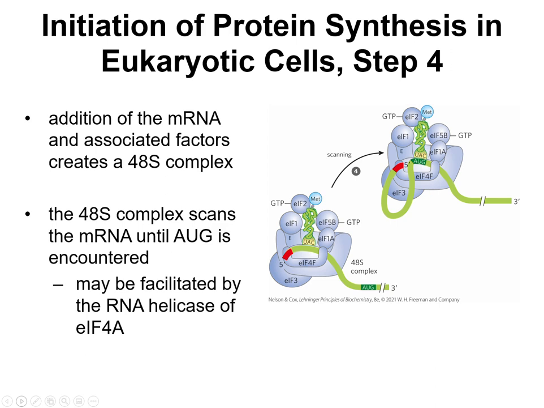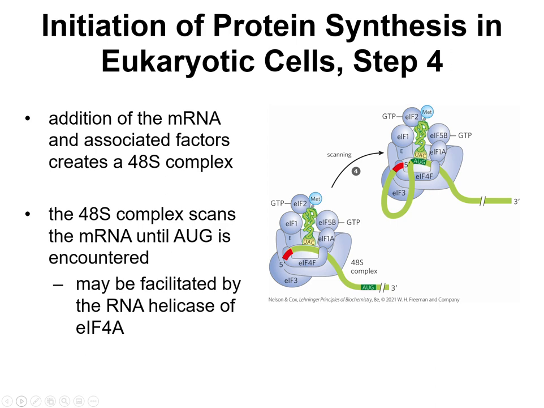So we've got this major complex. We've circularized our mRNA. We found the starting methionine. And now we have to also bind that tRNA with methionine. Because remember, the E site and the A site are blocked, just like in bacterial protein synthesis.